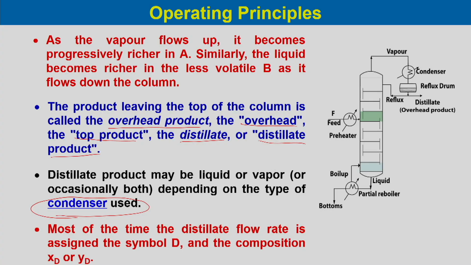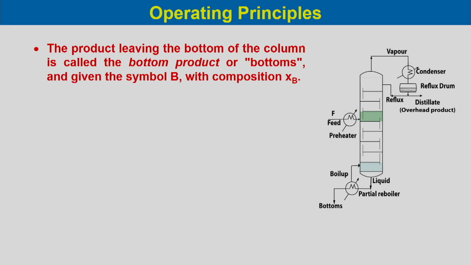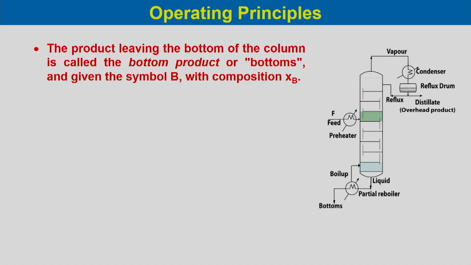Most of the time the distillate flow rate is assigned the symbol D, and the composition is XD or YD, depending on the product you are taking out. The product leaving the bottom of the column is called the bottom product or bottoms, and given the symbol B with composition XB.